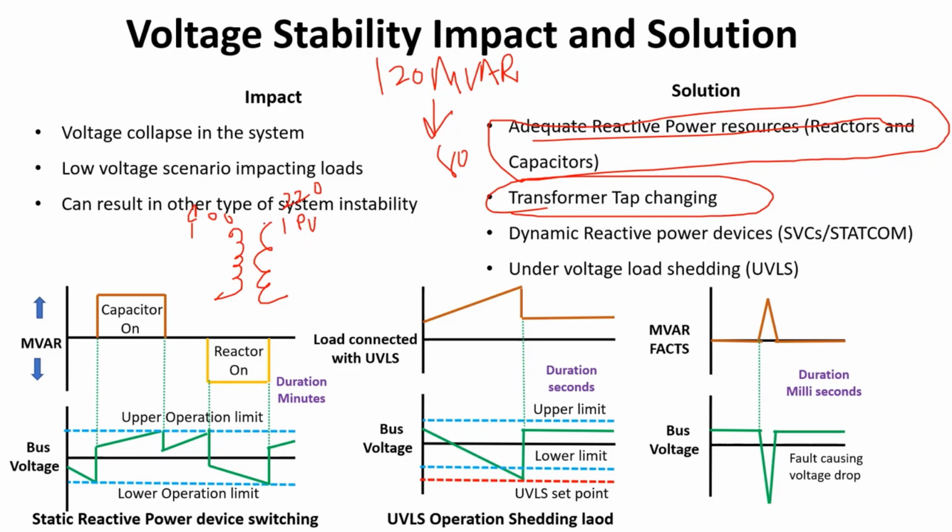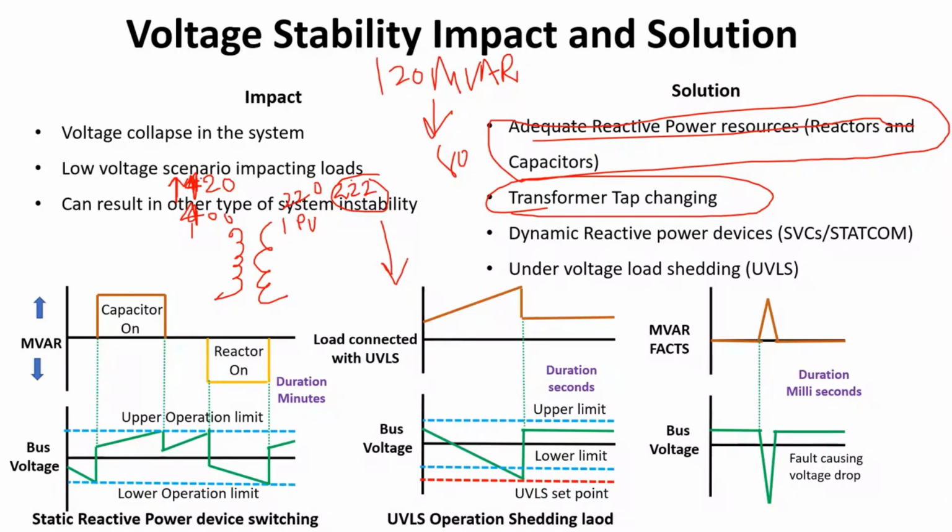Let us say generally the voltage is 420 kV on this side, due to some loading scenario. The voltage on this side has gone up to 420 kV, while the 220 kV side is operating at, let us say, 222 or 223, because we have good loading support at the distribution level.